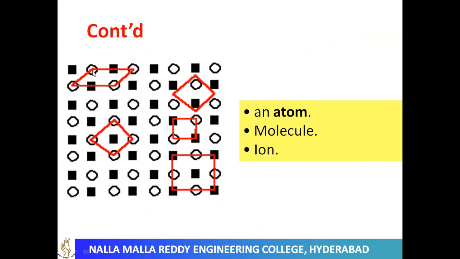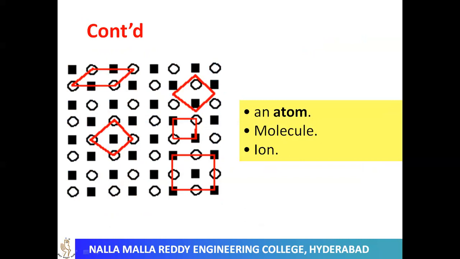Each point in a crystal lattice represents a constituent particle, which may be an atom, a molecule or an ion. Lattice points are joined together by straight lines at some angle to bring out the geometry of a crystal lattice.